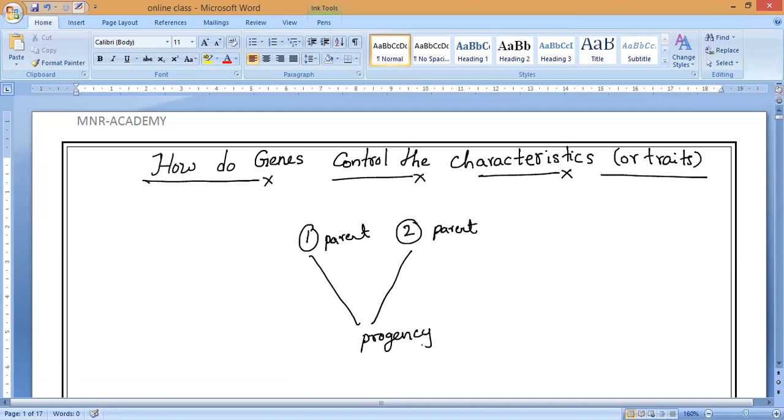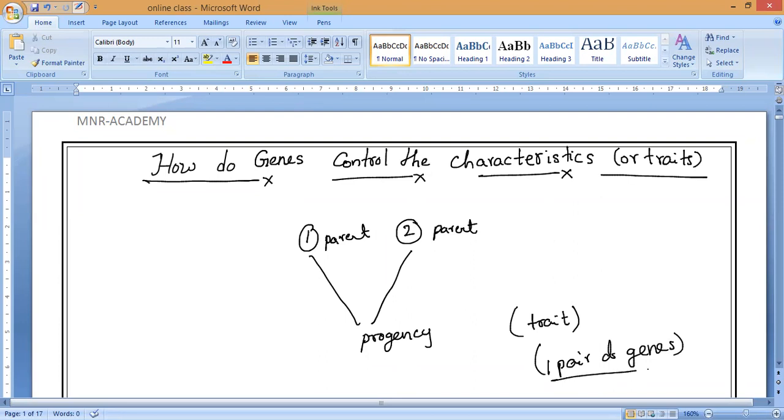In this progeny, suppose one trait or one character is being transmitted. In the sense of what? This character is developed by one pair of genes. One pair of genes, it is developed.